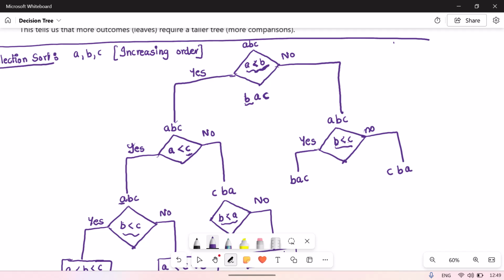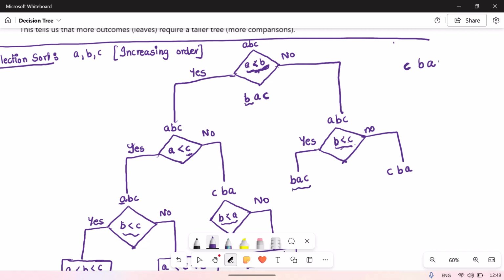Are you understanding? Let me explain this once again. See, A is less than B. It's a no. That means B and A is the order. But when it comes to this part, B is less than C, so C should be the biggest.